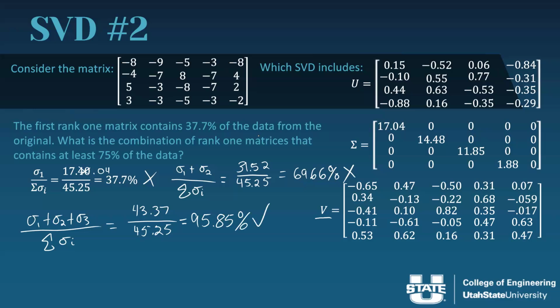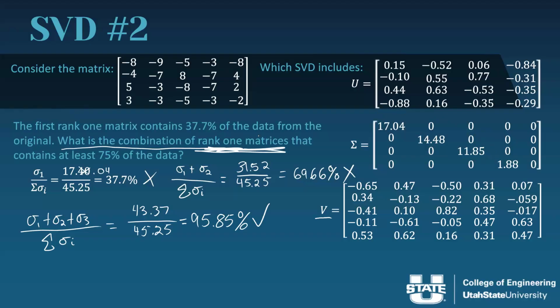Yippee. It wants us to find, so it says, what is the combination of rank 1 matrices that contain at least 75% of the data? So we've now determined how many of our singular values will give us 75% of the data or more, but we now need to find the rank 1 matrix.